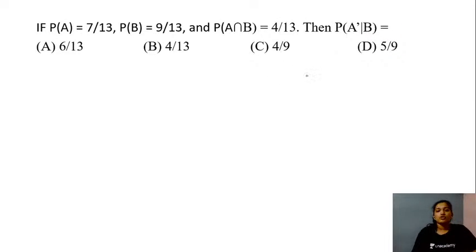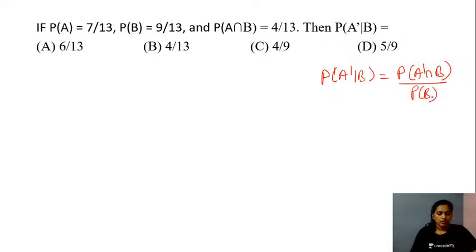First of all, we can take the conditional probability formula, that is probability of your event A complement given your event B. This will be equal to probability of your event A complement and B divided by the probability of B, where the probability of A complement and B will be equal to probability of B minus probability of the event A and B. This would be one way that you would simplify, students.